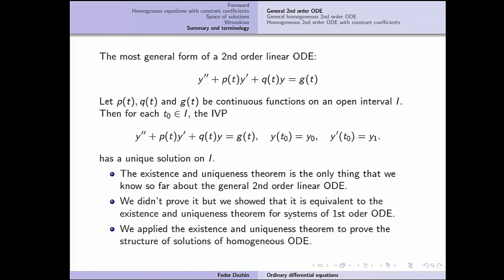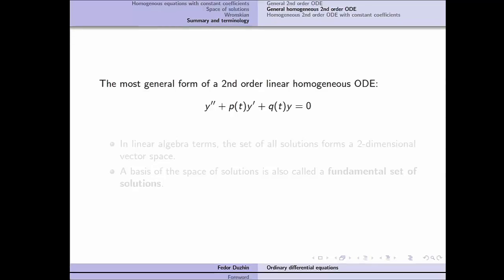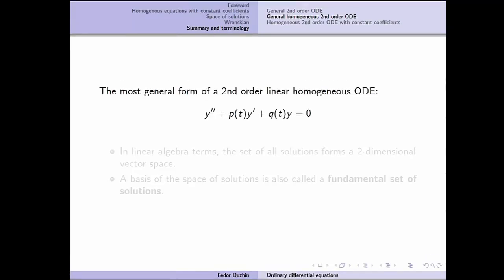We also applied this theorem to prove that the dimension of the space of solutions of a homogeneous differential equation is 2. So if the right hand side of our differential equation is 0, then we call such an equation homogeneous, right?